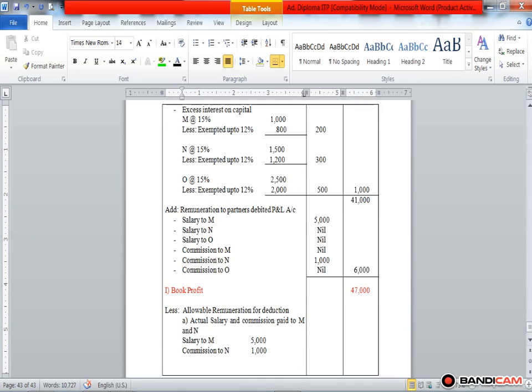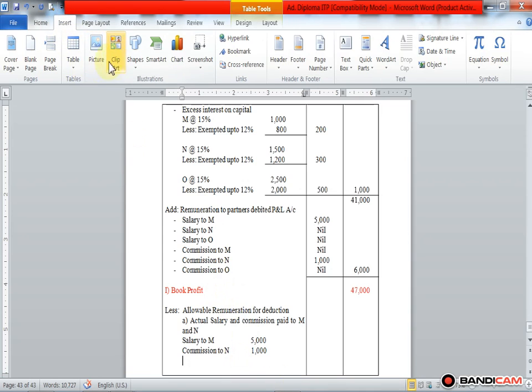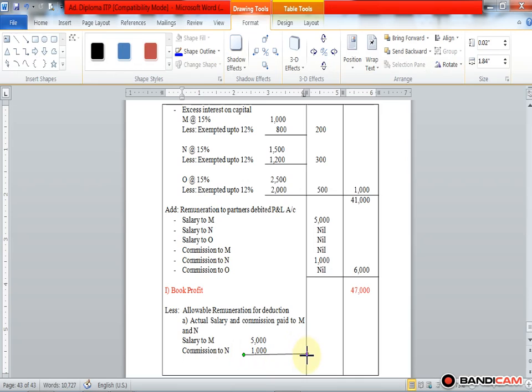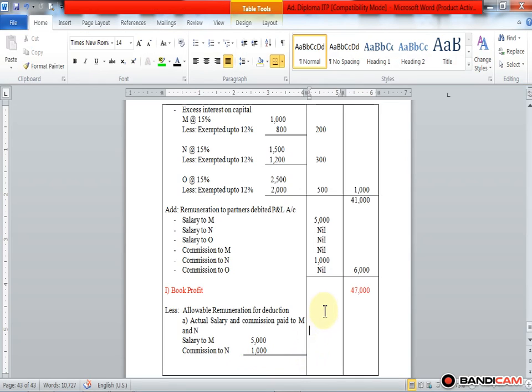Okay, then we make a total that is 6,000. So put the 6,000 figure in the inner column. So here 6,000. Then allowable deduction. Okay, B part.